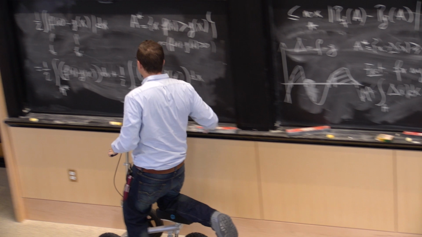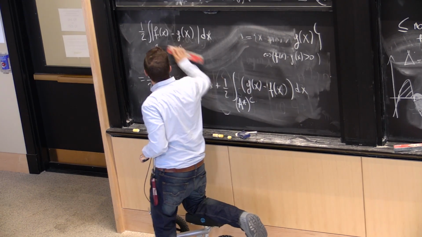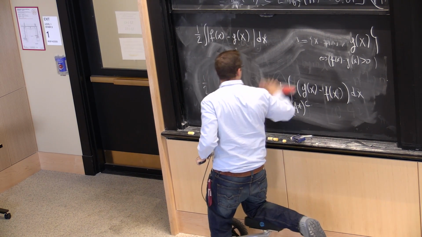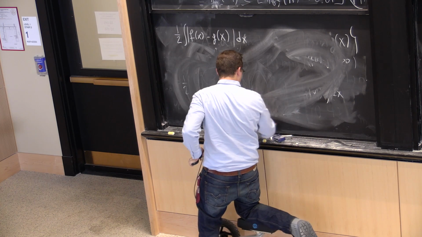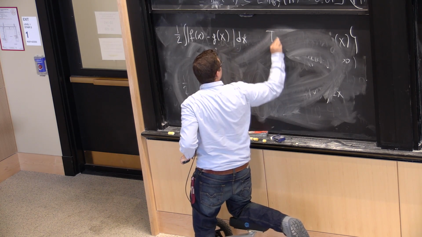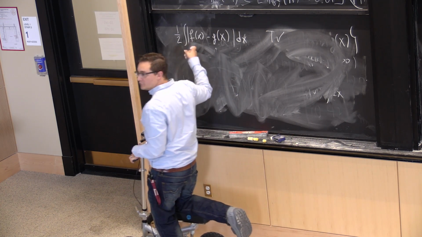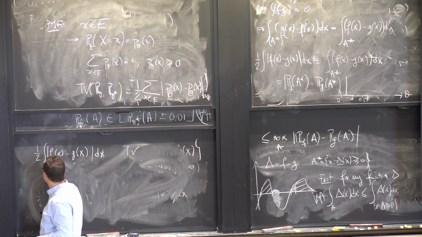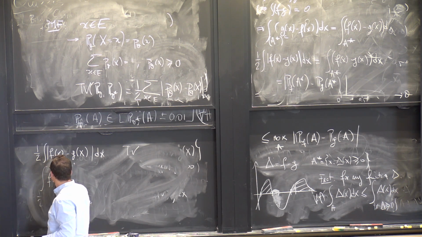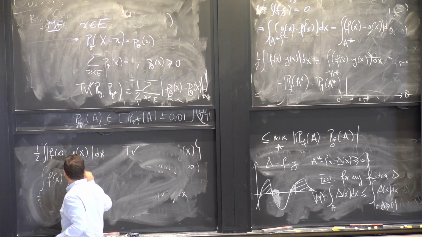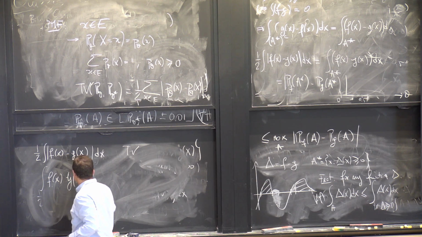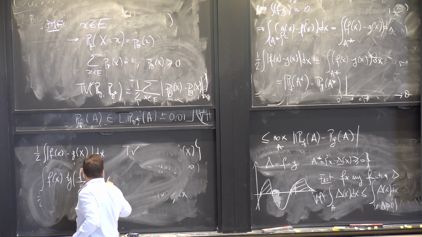So that's the TV. And the KL, if I use the same notation, f and g, is the integral of f of x log of f of x over g of x dx.